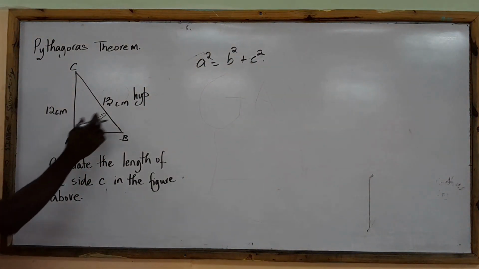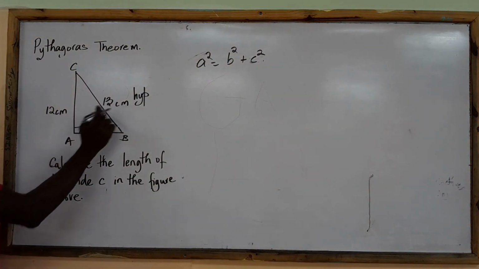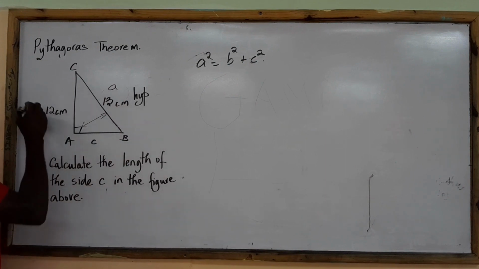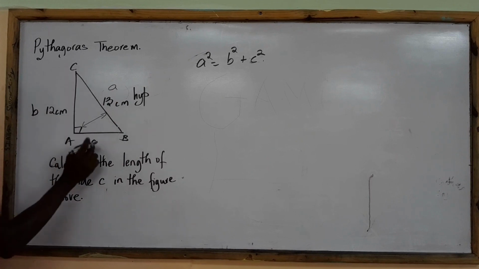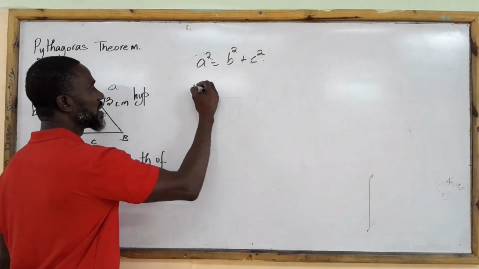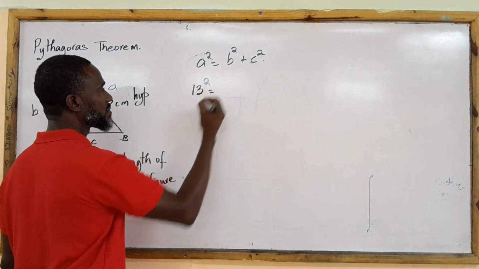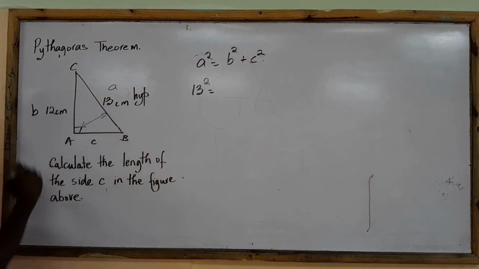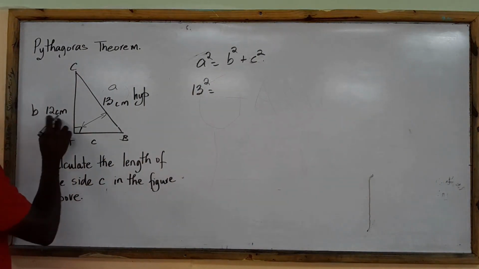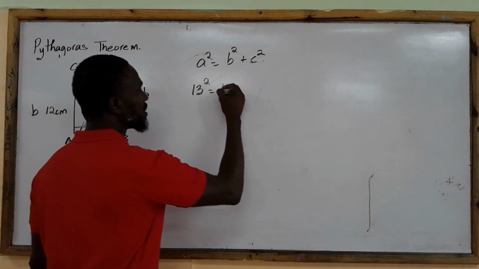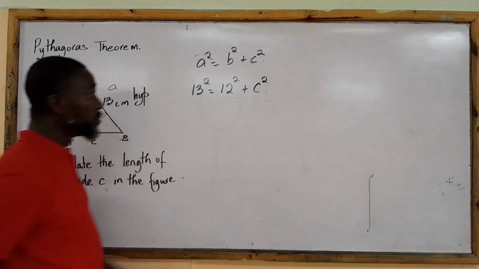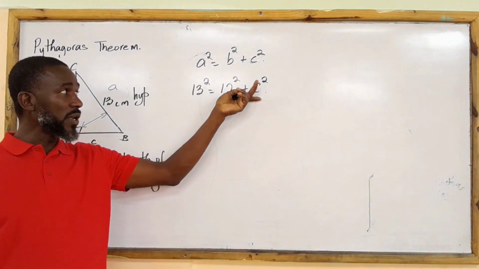If we simply substitute the values here, this is angle A, side A, angle B, side B, angle C, side C. Side A is equal to 13. So we have 13 squared is equal to 12 squared plus C squared. We do not know what C is at this point in time.